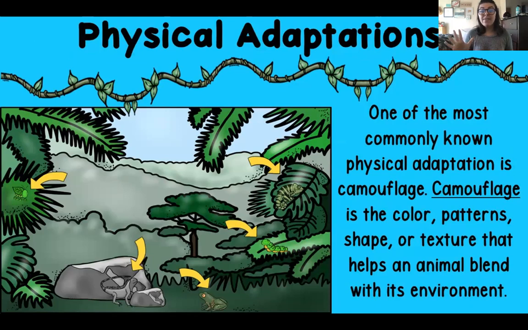You'll notice there are 5 arrows in this picture, and they're all pointing to an animal that is camouflaged to match its environment. Different insects can camouflage, mammals can camouflage, any type of animal can camouflage, but we see it a lot with animals that can change colors, like chameleons, and geckos can change color sometimes as well, depending on the type. They can blend in so they can't be found by animals that want to eat them, or people, I guess, sometimes.